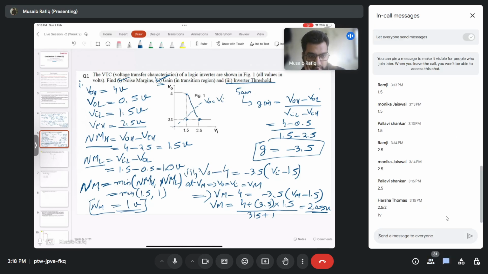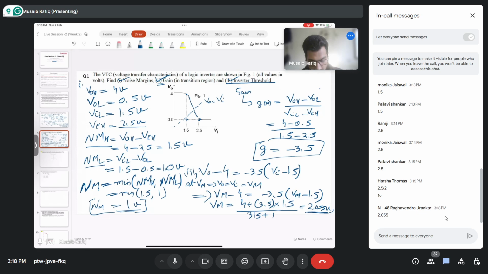Can you cross check it please, whether you also get the same answer? You also got the same answer?